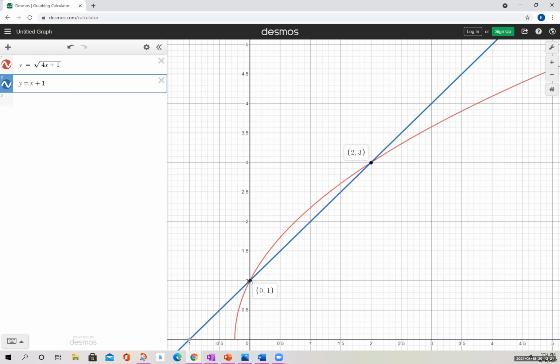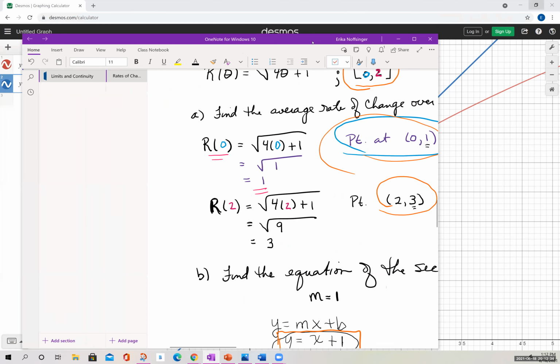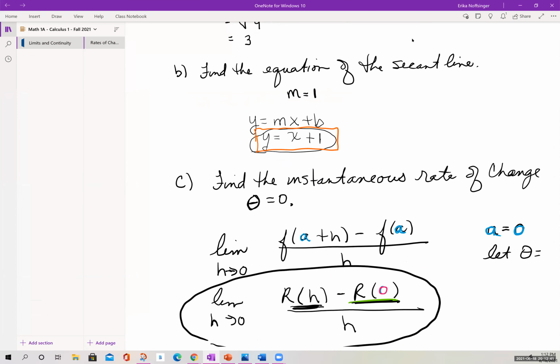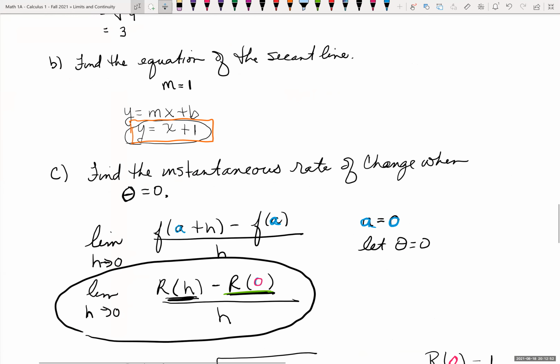Let's do it that way first to try to find the slope there. I'm going to erase this instantaneous rate of change for now, and we can go back and talk about that in a minute.